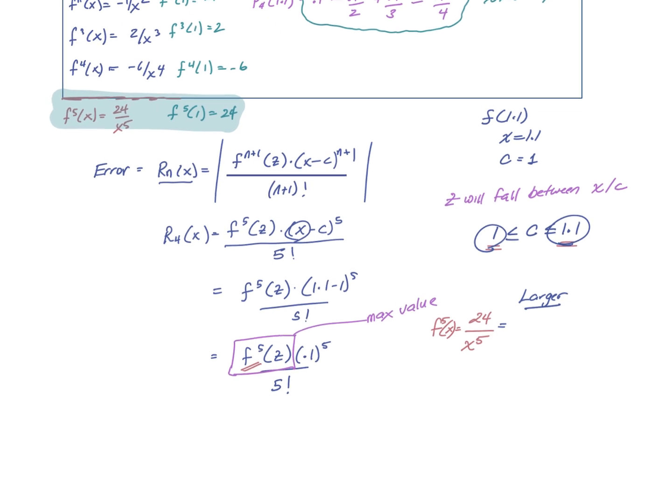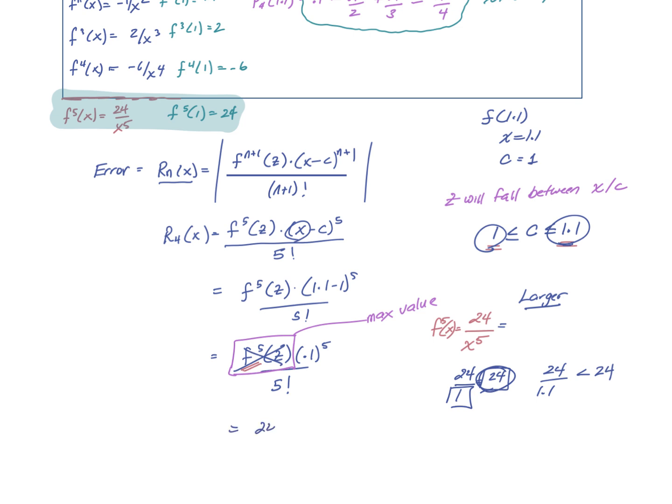So when I divide 24 by 1, I get 24. When I divide 24 by 1.1, I don't know what it is, but I know it's going to be smaller than 24. So that means that the 1 is giving me the larger value. So this is what goes in here.